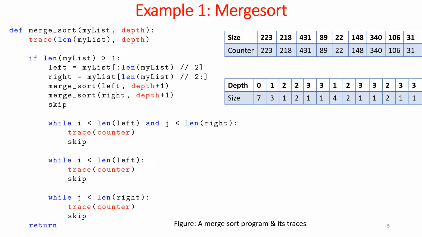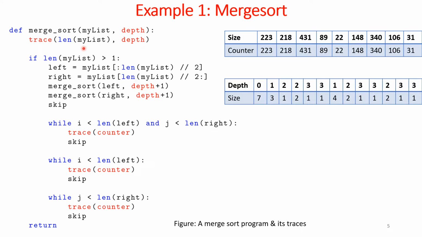This example demonstrates how Dynaplex computes the complexity of mergesort. On the left, we have a recursive implementation of mergesort in Python. We replaced a lot of statements with the skip statement for the purpose of presentation. The lines of code in red represent the instrumentation code added to collect traces.